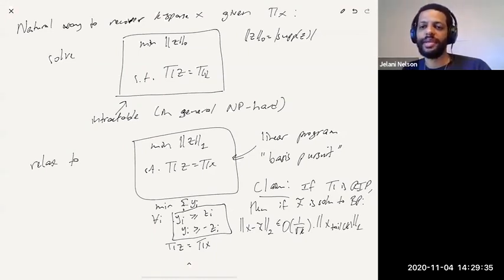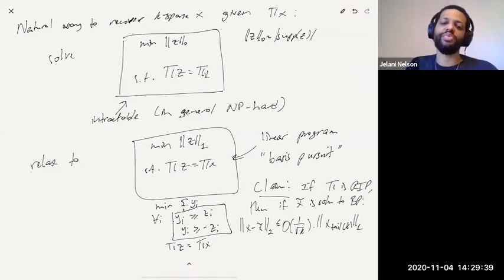I'm being a little informal here because RIP with what parameters exactly, but we'll see that when I give the actual theorem statement and proof. But that's basically where we're going with this.